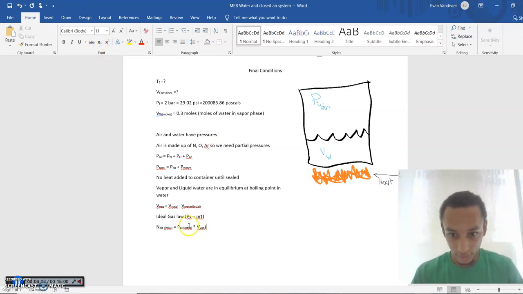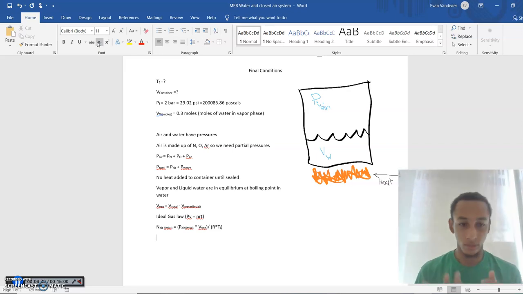So you get that, and then you divide it all by R times the initial temperature, so Ti, to get the amount of moles of air.